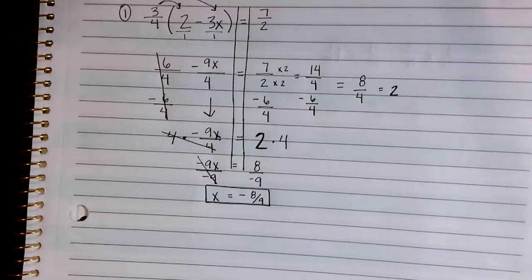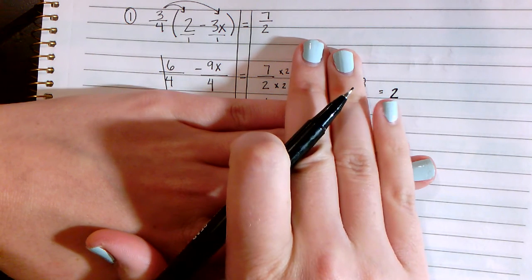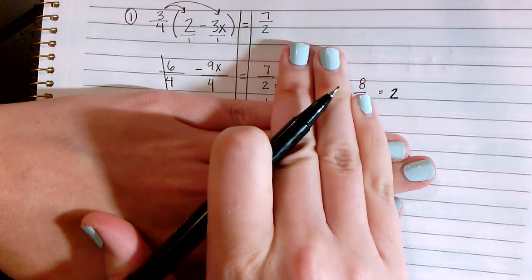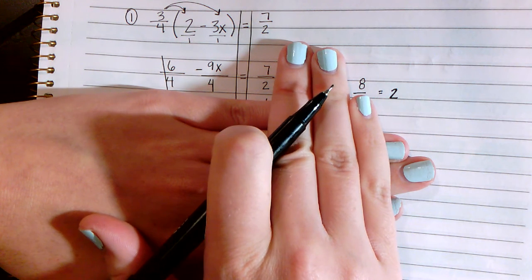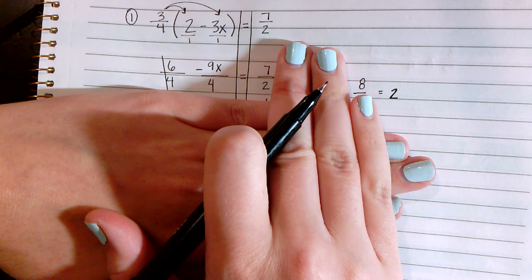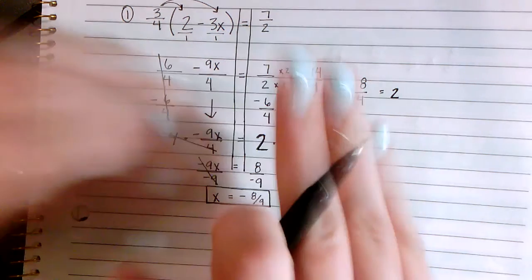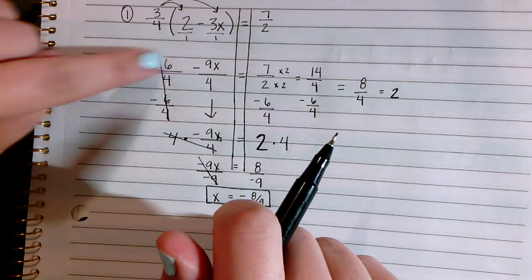So if we look at this problem up here, when I had this part right there, 6 over 4 minus 9 over 4 equals 7 over 2, it would have been very catastrophic for me to start multiplying all of my numbers by 4 and then subtracting a 9 away and just kind of going all out of order. Any number by itself gets moved.